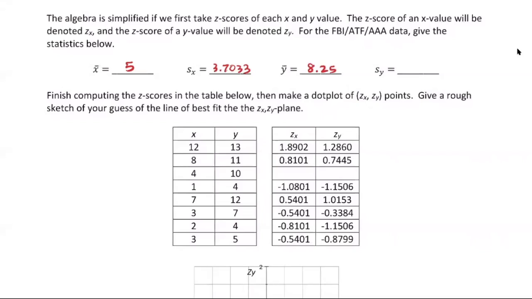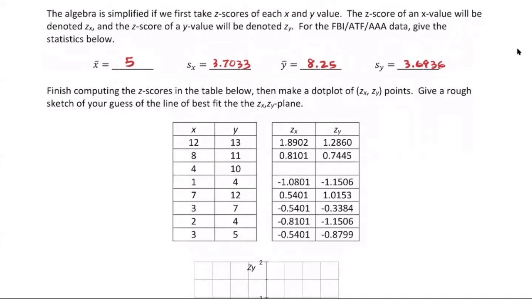And the standard deviation of the Y is right below it, 3.6936. Okay, so those are pretty precise values. Now the X's and the Y's are printed down below here.